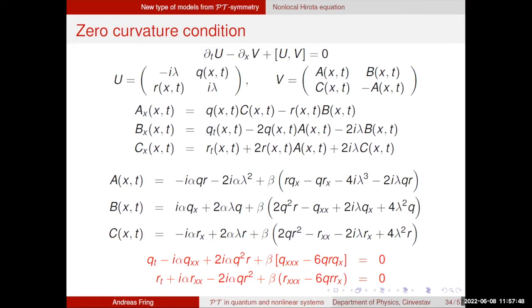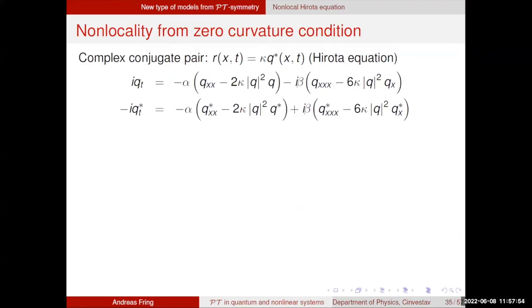And the standard way to look at this system, to make this compatible, is to assume that r is the complex conjugate of q. This kappa here is just a plus minus sign, could be plus or minus as well. And if you do this, then one of the equations just becomes the complex conjugate of the other equation, and therefore you have reduced your system to just one equation. That's the standard way to look at it.